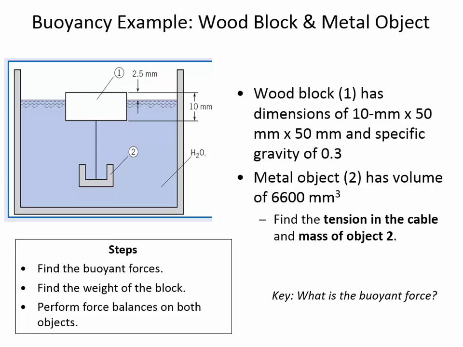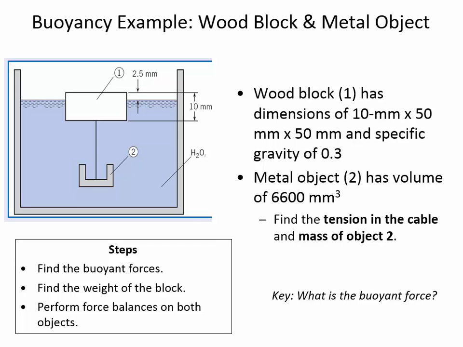But then now we've got a concrete block, and it's underwater, and you know what the tension has to be. What are the other forces in play? Okay, there's buoyant force. And what else is there? There's the weight of the concrete.